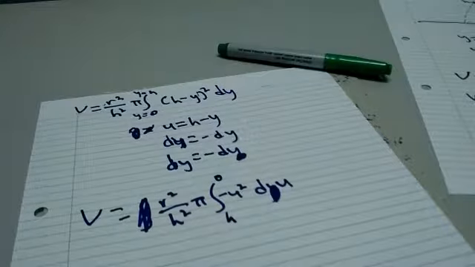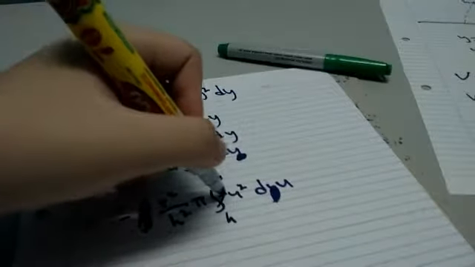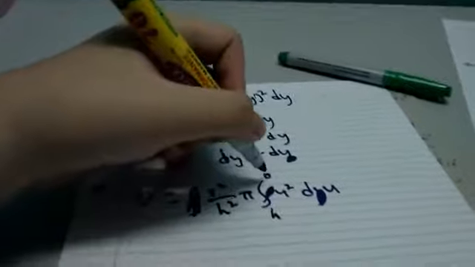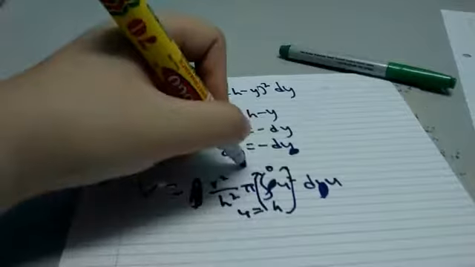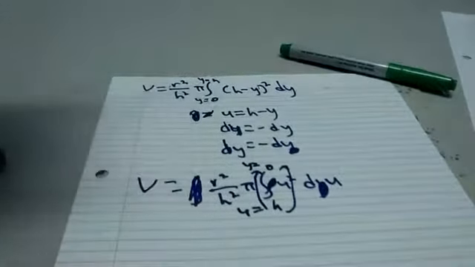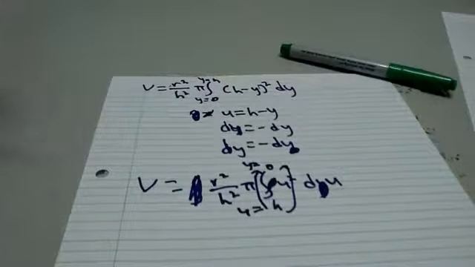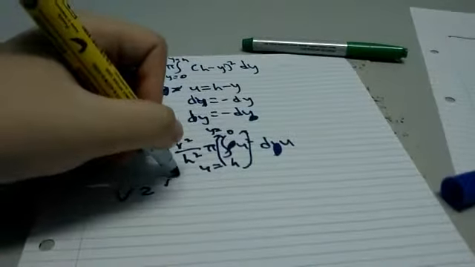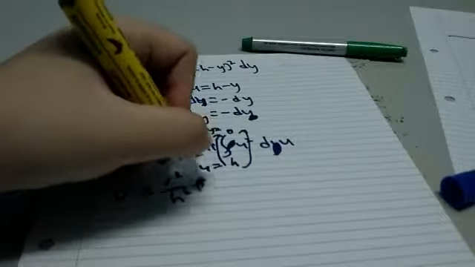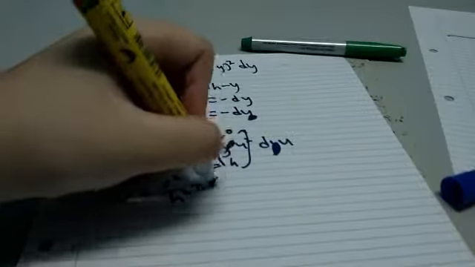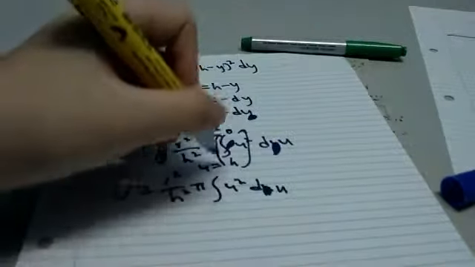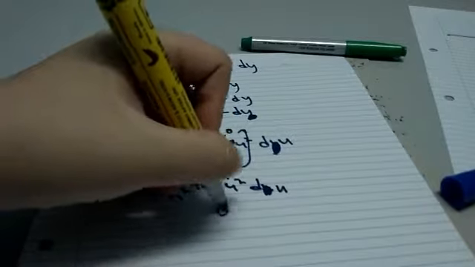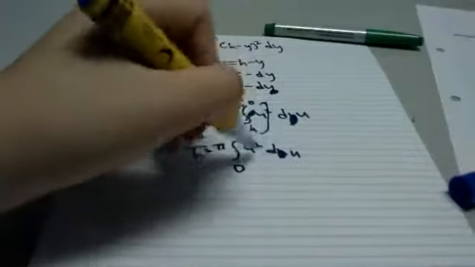Now the next thing I'm going to do is cancel this negative, but flip the limits upside down. And don't forget, these two limits are in terms of u. So V is equal to r squared over h squared pi times the integral of u squared du from 0 to h, and then we solve the integral.